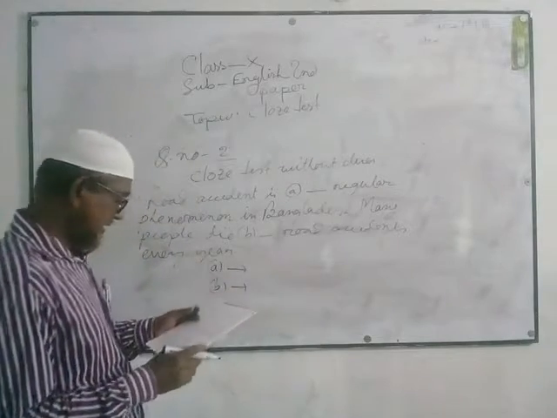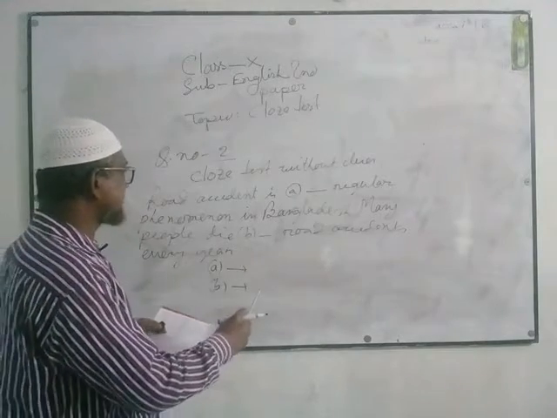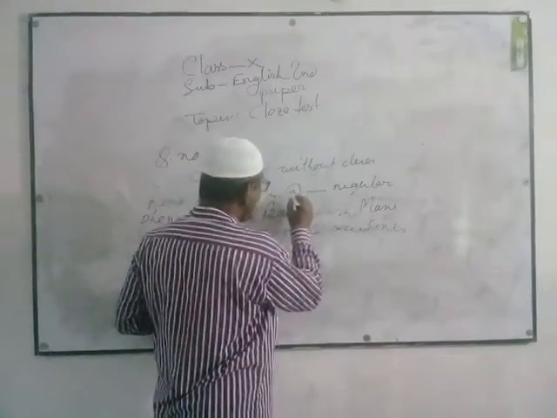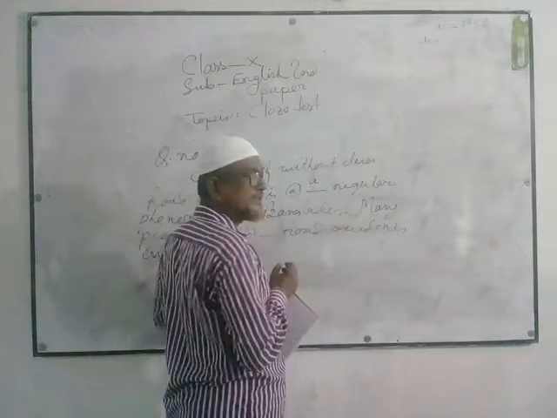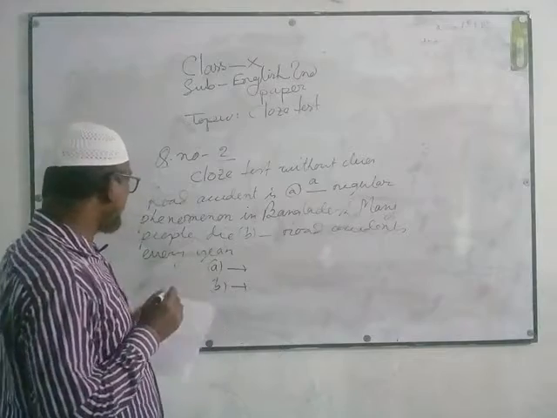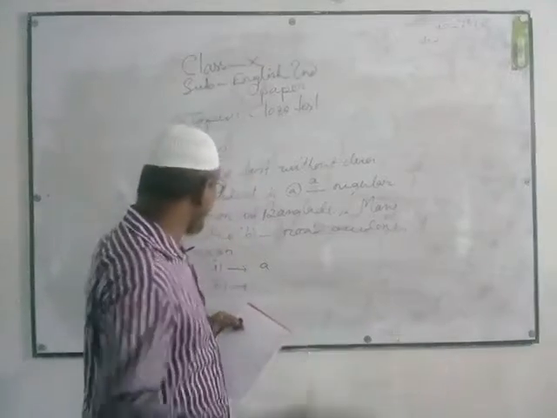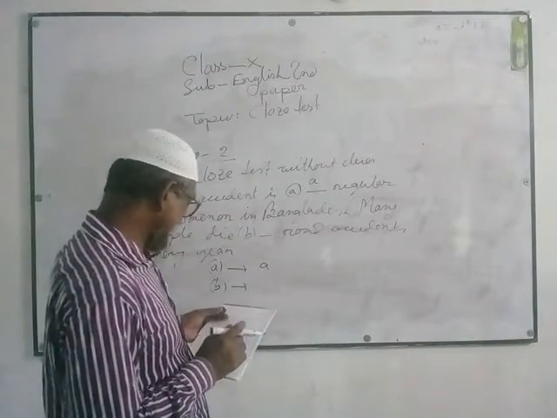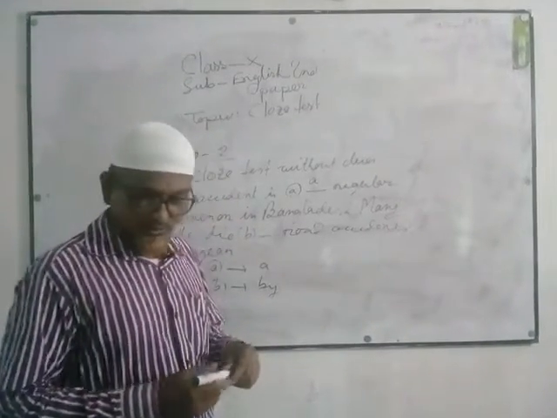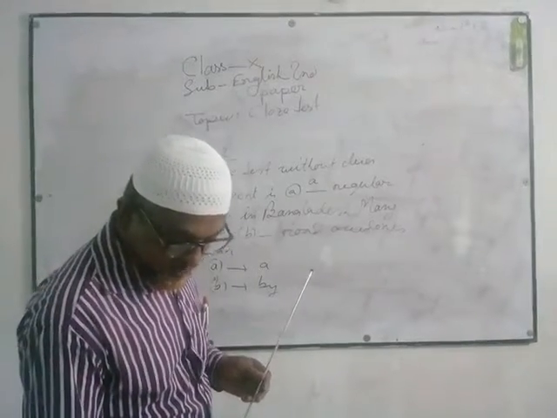Number A, road accident is a regular phenomenon in Bangladesh. Many people die. This is A. Die by. This is preposition. So students, you have to fill all these things in this way.